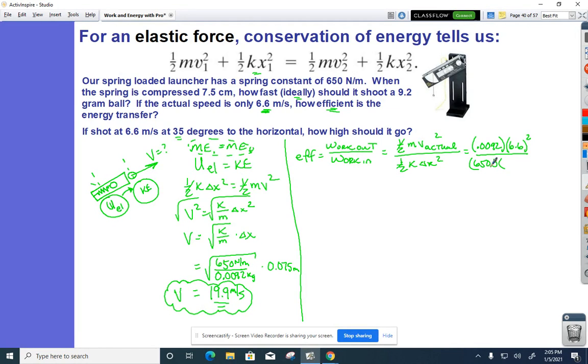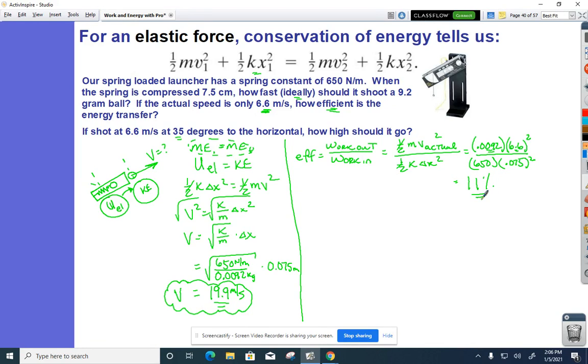I've got my units, but I know that if all of my units are SI units, then everything should work out. The numerator and the denominator should have the same units throughout, provided everything goes back to the SI units. So 650 newtons per meter, and delta x squared, let's see, that is 7.5, so 0.075 squared. Okay, so let's go ahead and check that. I'm getting about 11% efficiency.